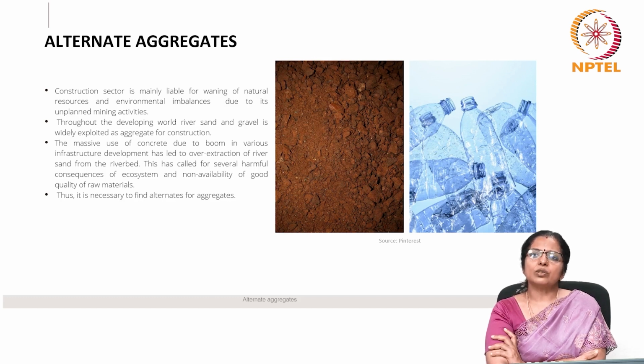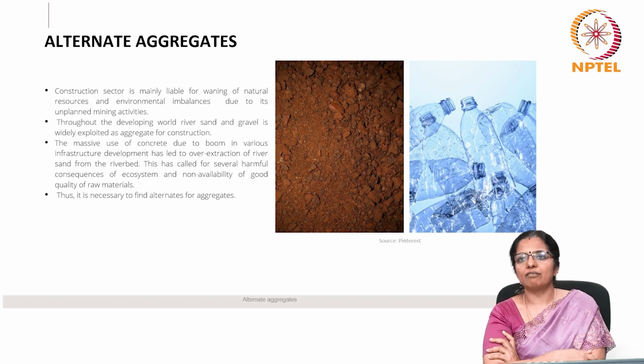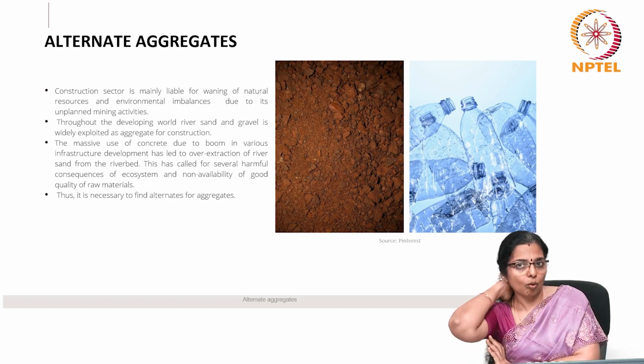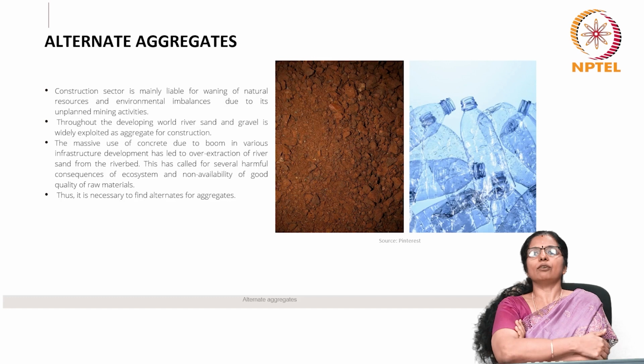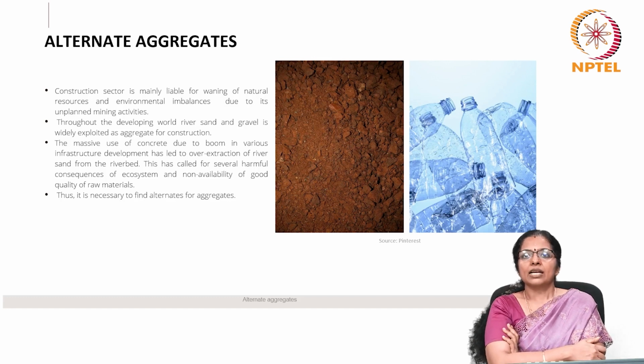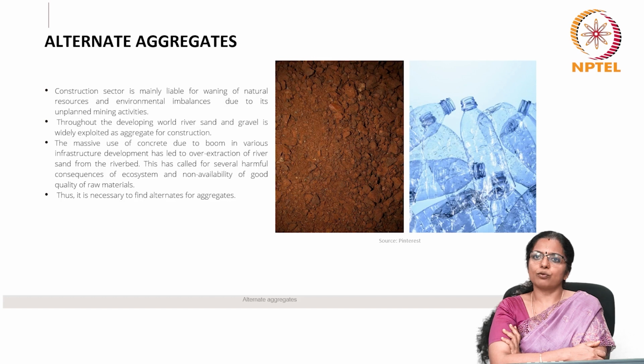The massive use of concrete due to the boom in various infrastructure development has led to over extraction of river sand from the riverbed. This has had several harmful consequences for the ecosystem and has led to non-availability of good quality raw materials.